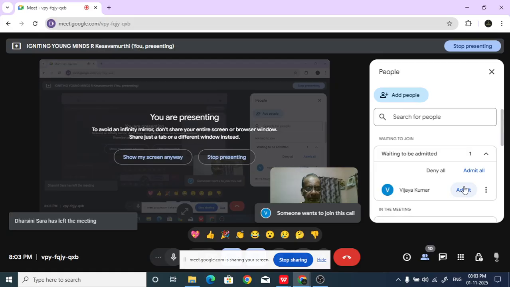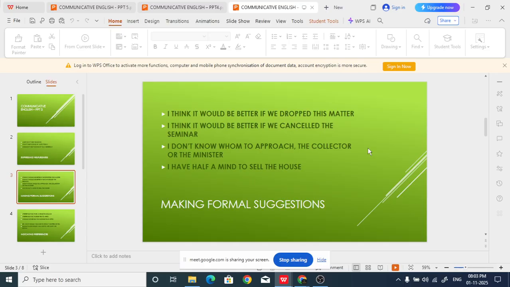Formal suggestion, because if it is a friend, you can have an informal suggestion also. But this is a friend who is a little elder to you, or a senior person like your headmaster, or a collector, or somebody else. So you have to make a formal suggestion. I think it will be better if we drop this matter.